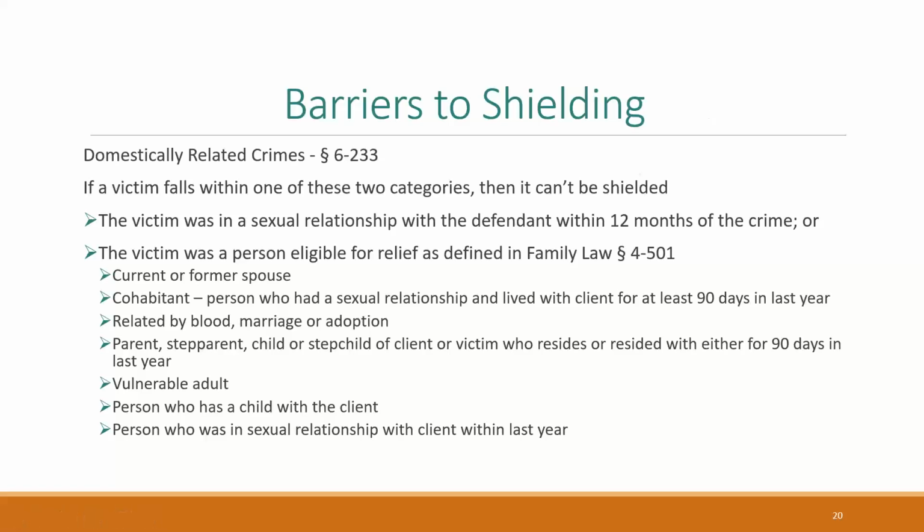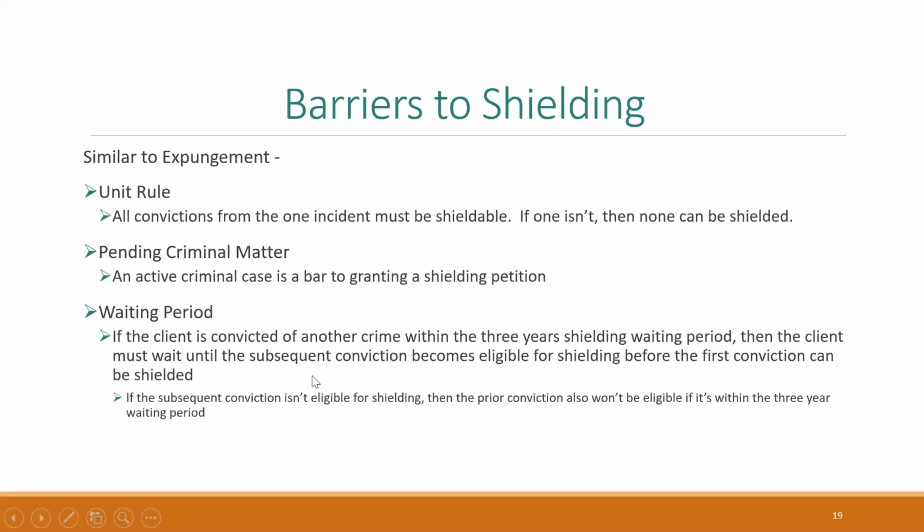Yes, so why don't you go back one more? So these are the barriers to shielding. Again, the unit rule: if everything can't be shielded within that case, so say you have 2 convictions in that case, and one would fall under the shielding analysis and one would not, then that case cannot be shielded. Secondly, no pending, so no active criminal case. And third is the waiting period.